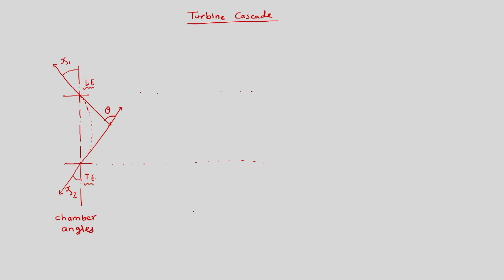Now we will draw a diagram for blade angles. We have seen in the case of cascade, or turbines, or compressors, while drawing the velocity triangle, there are certain blade angles, there are certain nozzle angles. So in those terminologies equally we are making the blade angles and camber angles.